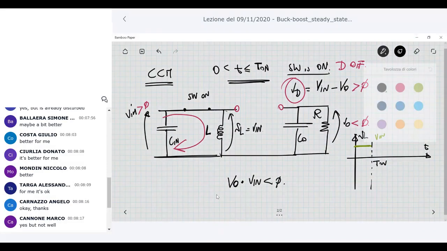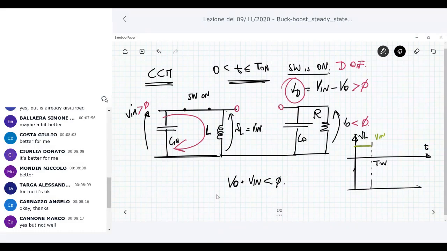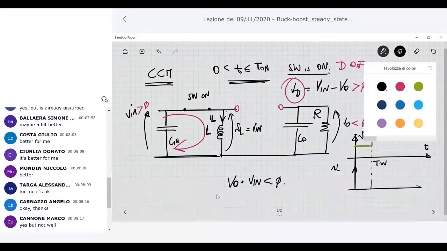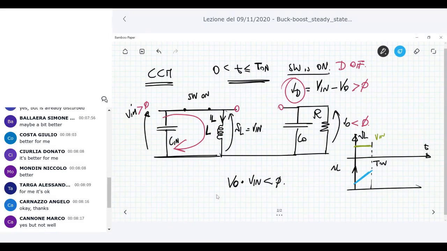If you look at the current flowing through the inductor, IL, it has a positive slope, and the slope is VL over L, so it is V in over L.